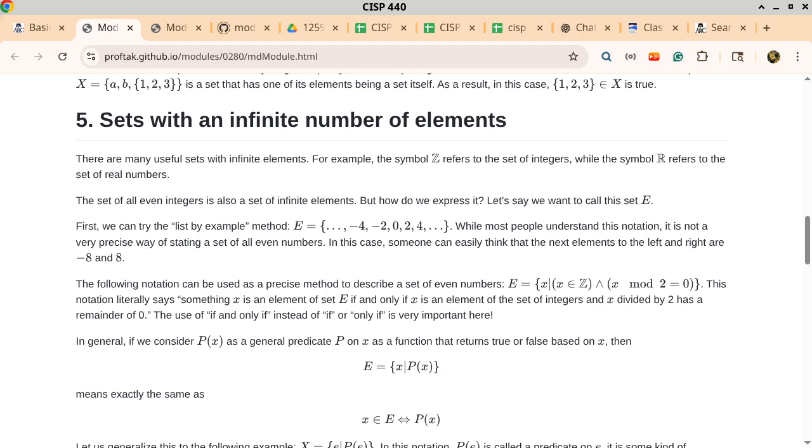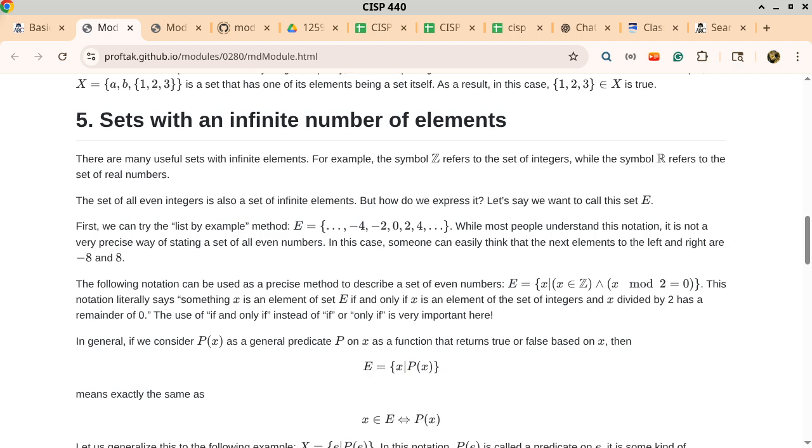So I have no idea. Is this going to be -8 or is it -6? Yeah, they're both possible according to the pattern, right? So you can never really tell. So we don't want to use something like this because it is vague. It doesn't really describe what qualifies to become a member of the set.